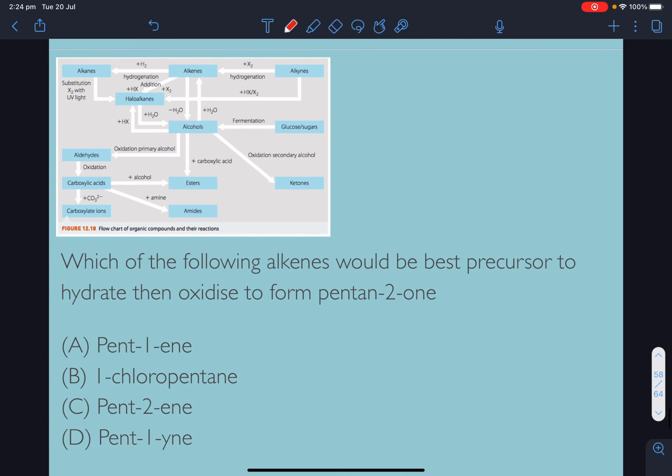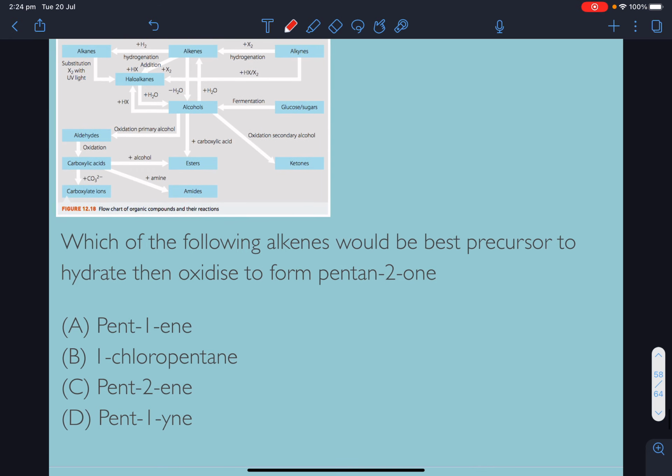Oh, another one. Which of the following alkenes would be the best precursor to hydrate and then to oxidize to form pentan-2-one? This is like the question we just did before, didn't we? 2, 3, 4, 5. Okay. Pentan-2-one.